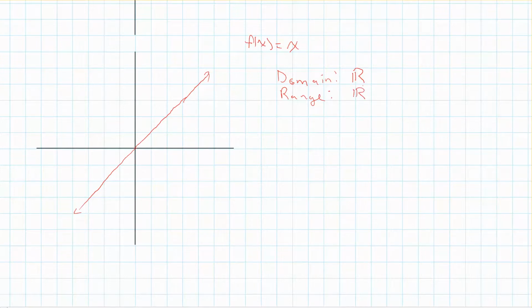And then one other thing we could say is that this is increasing from negative infinity to infinity, so it's always increasing. We also know it's an odd function, which, to remind you, means it's symmetric about the origin.